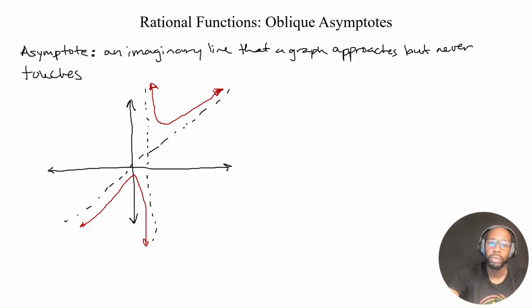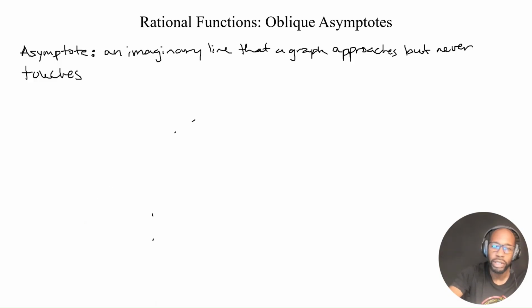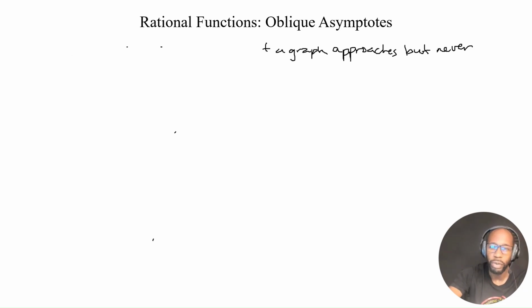Now, let's go ahead from here, and I'm going to erase this. If you need it, you just have to rewind the video. But from here, let us get into a real example. We'll erase this too. If you need that, just rewind. All right.